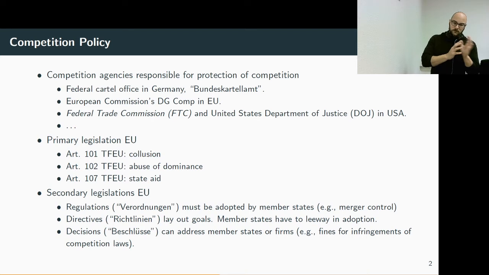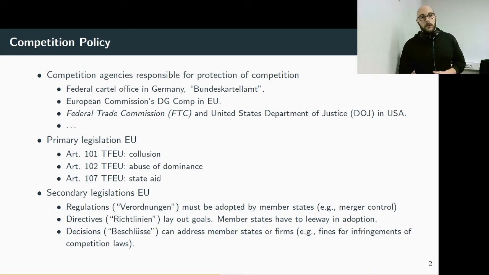And whether the Bundeskartellamt or the European Commission is responsible basically depends on whether a given competition policy issue is only of national importance or has EU-wide importance, right? And if you look at the US, you have the Federal Trade Commission and the United States Department of Justice, DOJ and FTC, which are responsible.